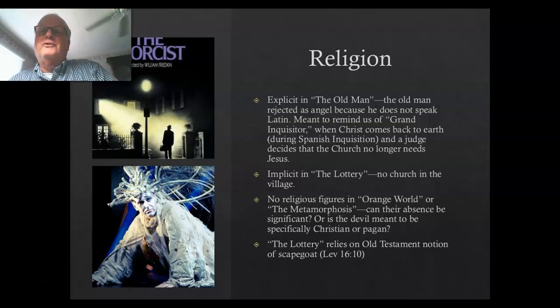And of course, for those of you who are Christians, you know that that's fundamentally the story of Jesus, that he was sent to redeem sin among all human beings, and that he died redeeming the sins of all of us. And so even that sort of scapegoat idea might underlie a part of the lottery.